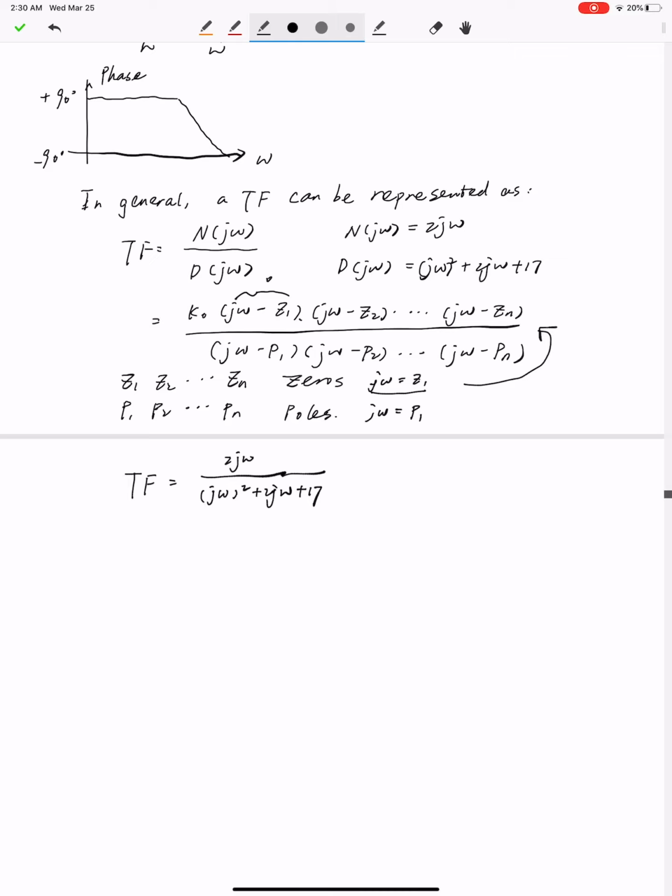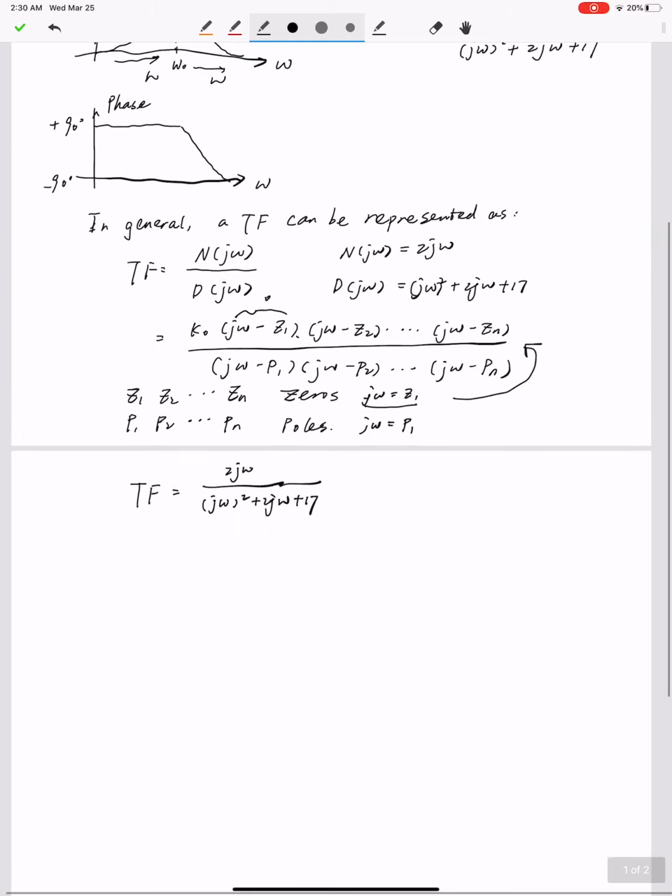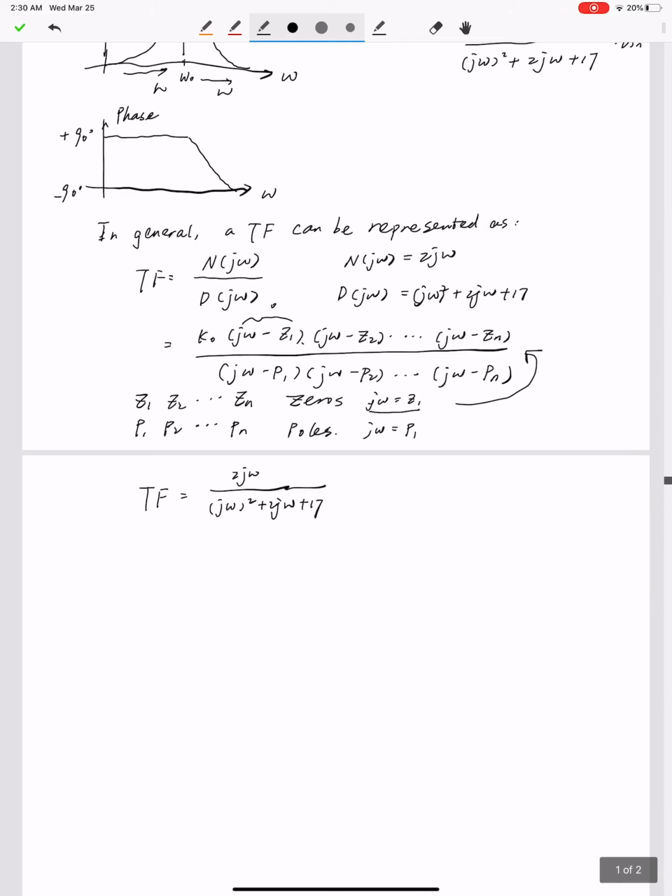The answer should be 0, right? Because if we plug in j omega equals 0, then the whole transfer function equals 0. So j omega equals 0 is a zero, right?